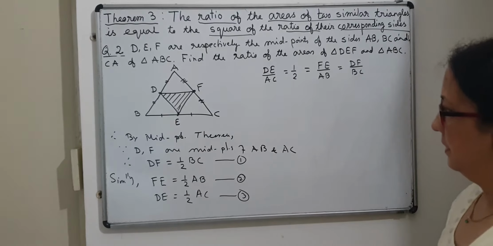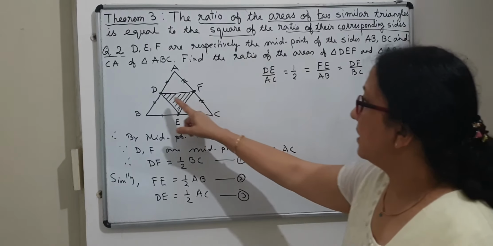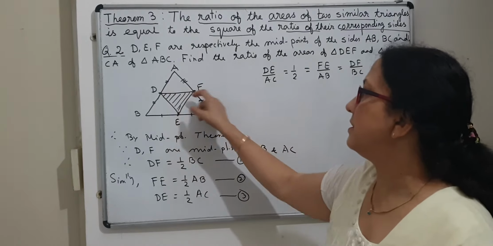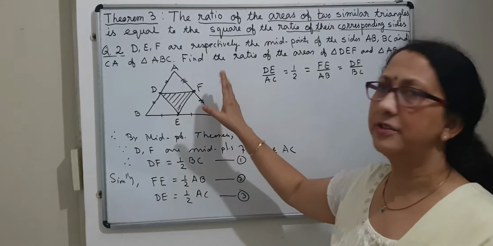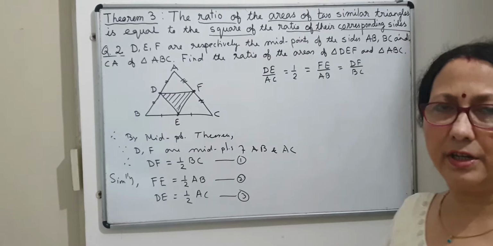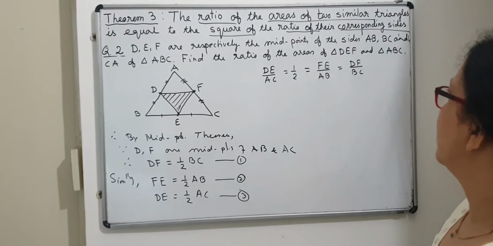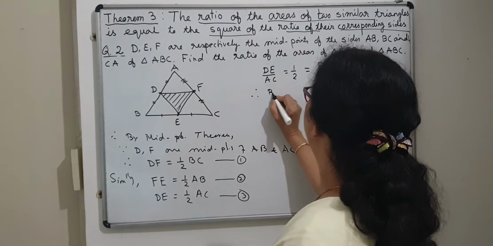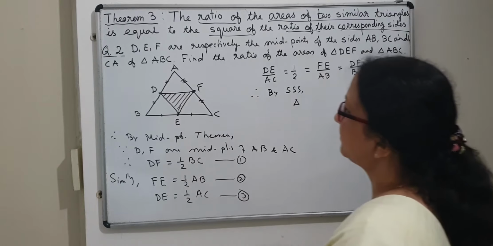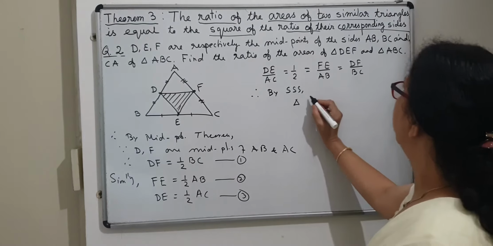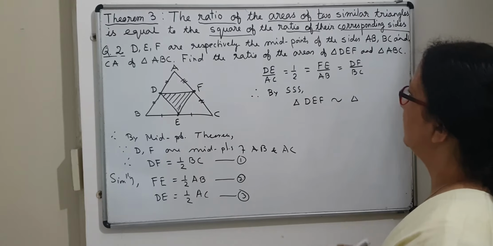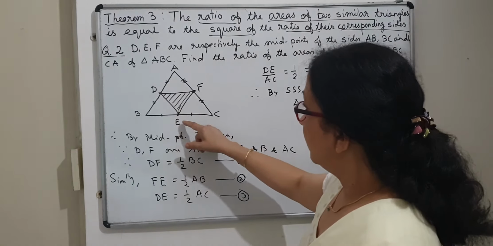All are half. That is, these three sides are in the same ratio with the three sides of the triangle. So the three sides of the two triangles are proportional, and we can use the SSS criterion. Therefore, by SSS, triangle DEF is similar to triangle ABC.